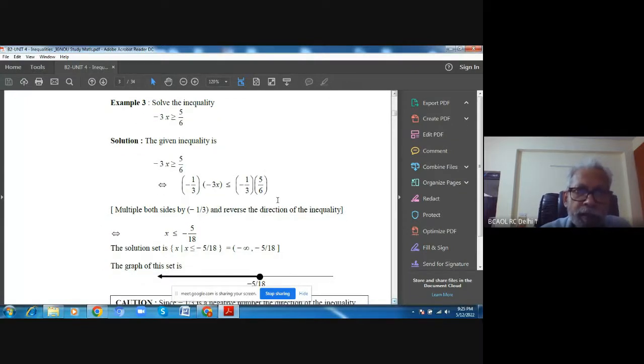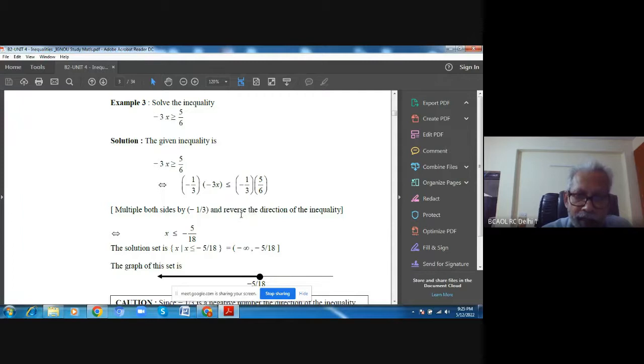Now we see, solve the inequality: -3x is greater than or equal to 5/6. Okay. Now calculate it. Simply you have to vanish it out. Multiply both sides by -1/3.